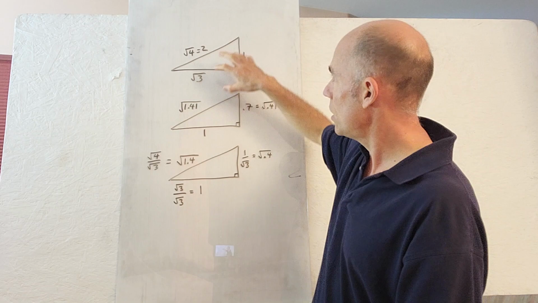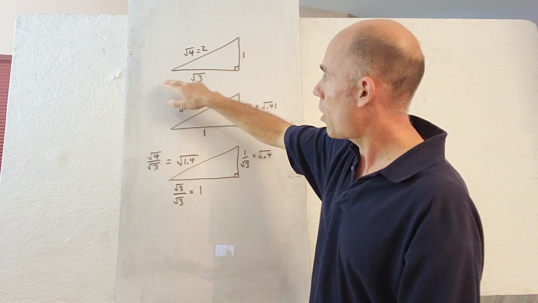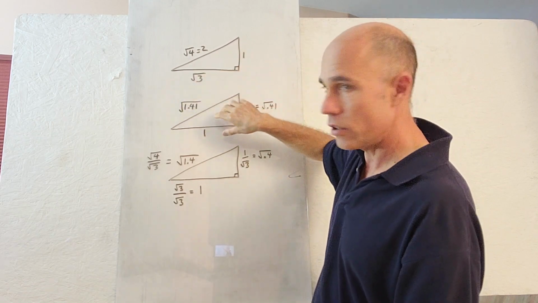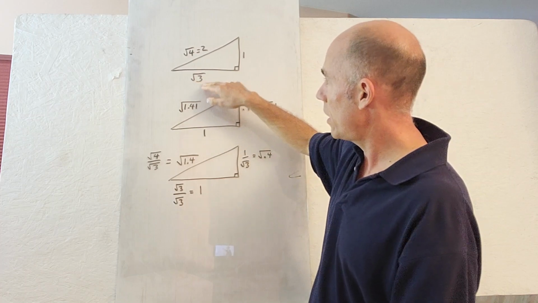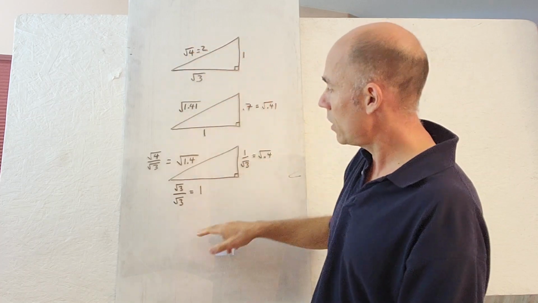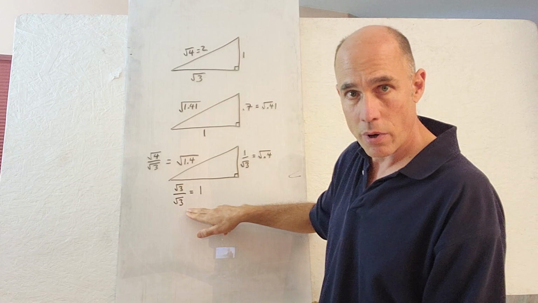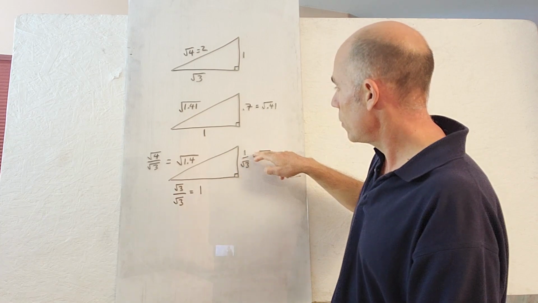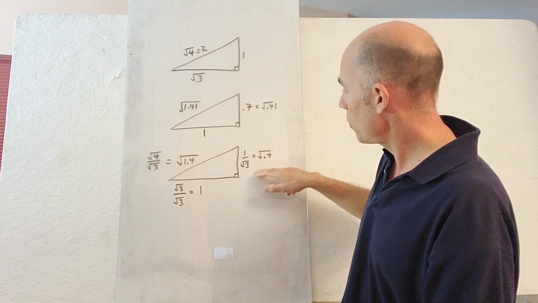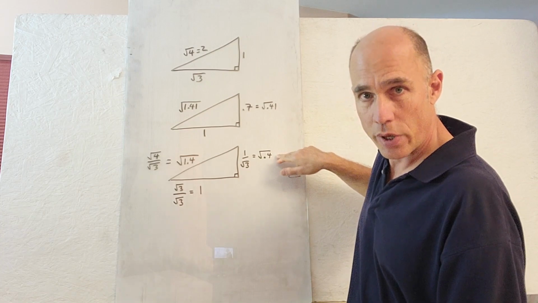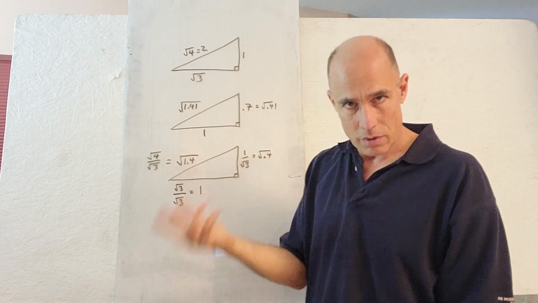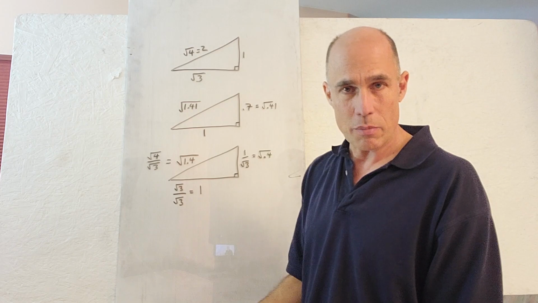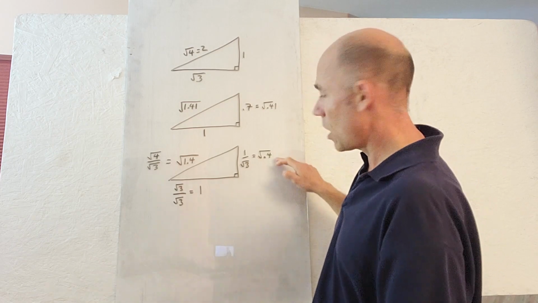So in order to see what this triangle looks like when the bottom is 1 in relation to this triangle, we're going to divide all the sides by the square root of 3. So square root of 3 divided by the square root of 3 is 1. 1 divided by square root of 3 is square root of 0.4. Like in base 12, again, 1 divided by 3 is 0.4. So that's how we get that.